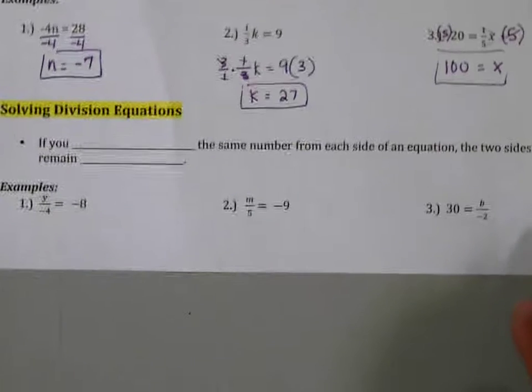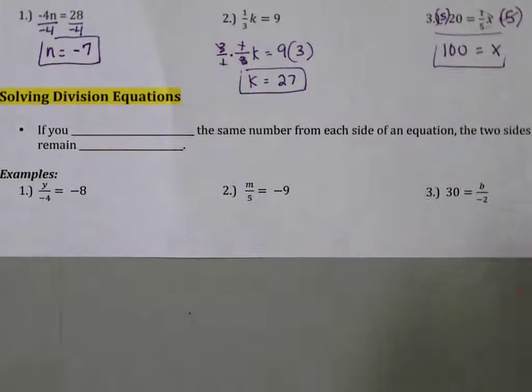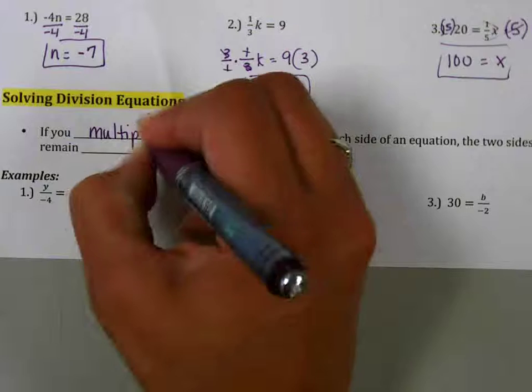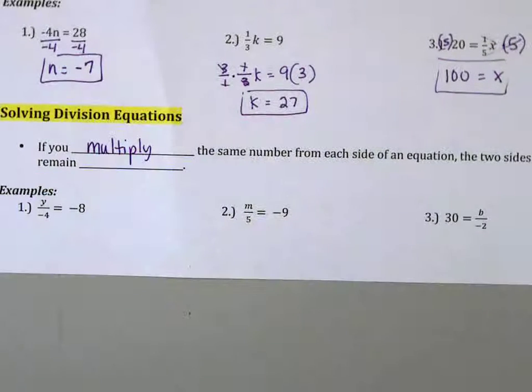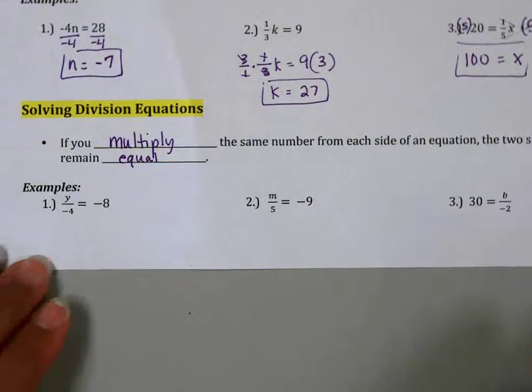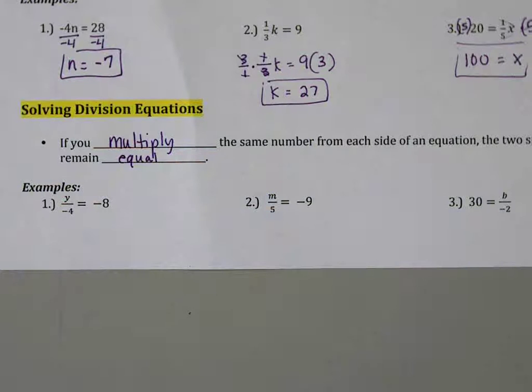The last thing we're going to look at is division equations. If you multiply the same number to each side of an equation, the two sides remain equal. So here we have y divided by negative 4 equals negative 8.